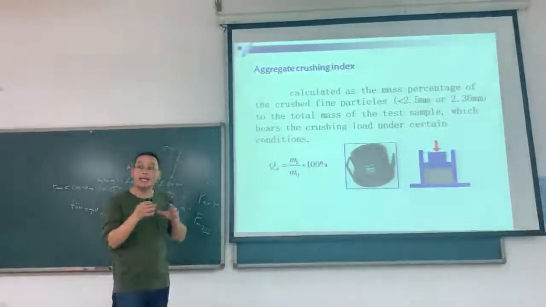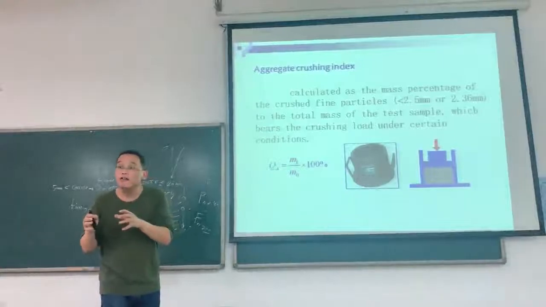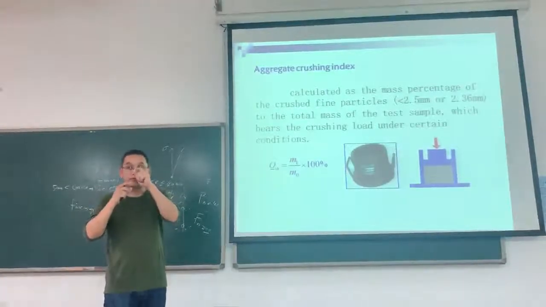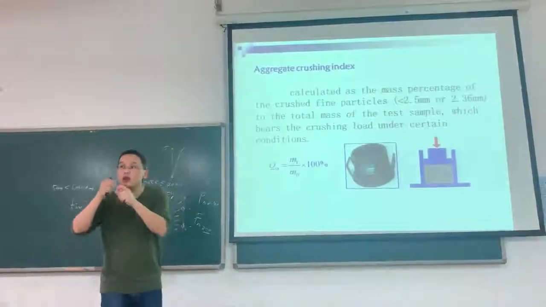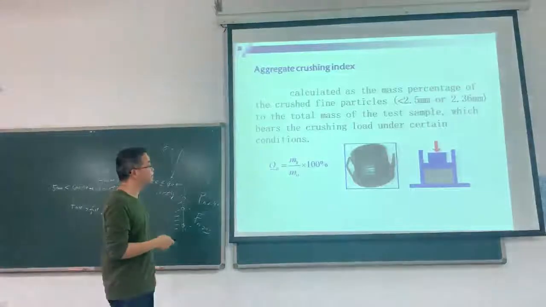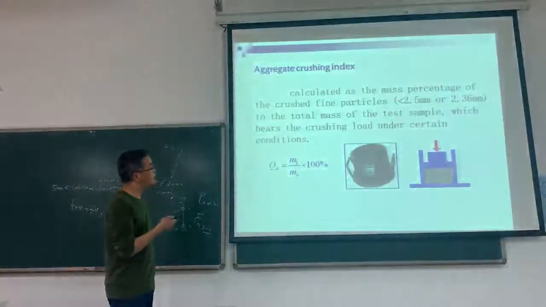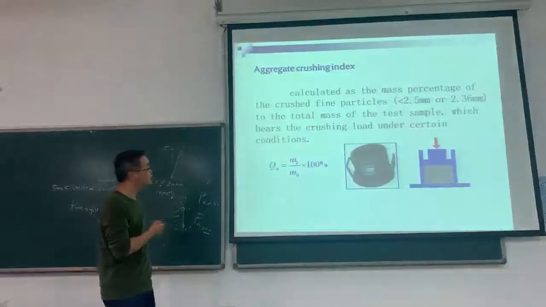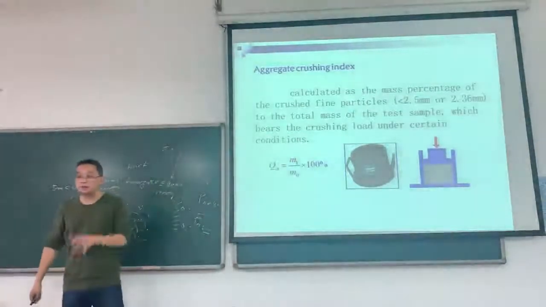The mass we can get of the fine aggregate, because maybe some of the coarse aggregate is crushed into fine aggregate, of the test sample, which bears the crushing load under some conditions.